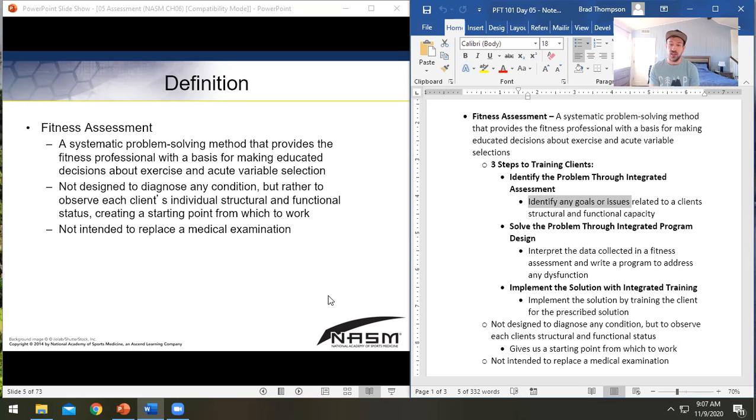The first thing you need to do is identify the problem that your client is trying to achieve, whether that's their goal or something related to their structural capacity, if they have alterations in posture, or related to their functional capacity, how they're able to move. For those of you who were in our last module, remember we talked about the tug test with our senior clients?